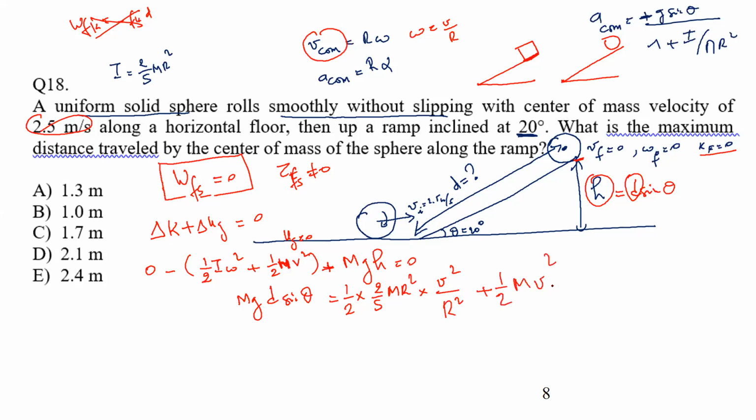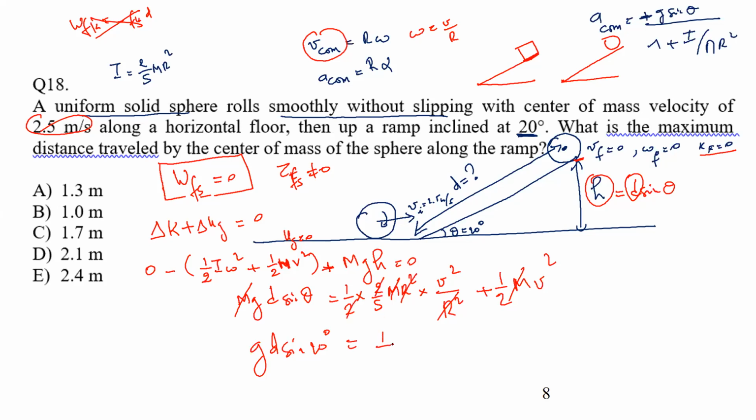Now I have mass everywhere, so the mass simplifies, which is why I did not give you the mass. What else will simplify? I have R square, and this R square will go away. So I will have GD sine 20 degrees is equal to half, and this 2 will go away.